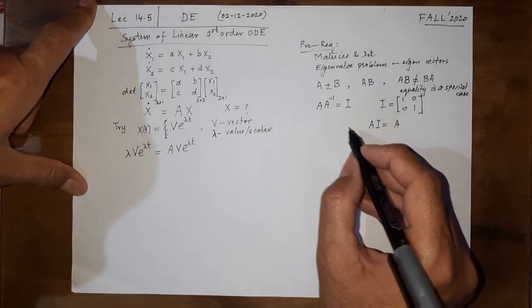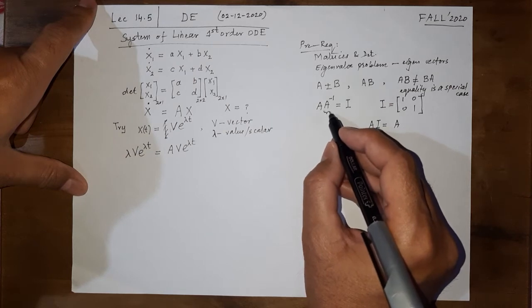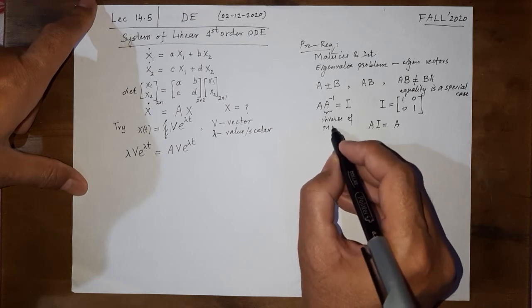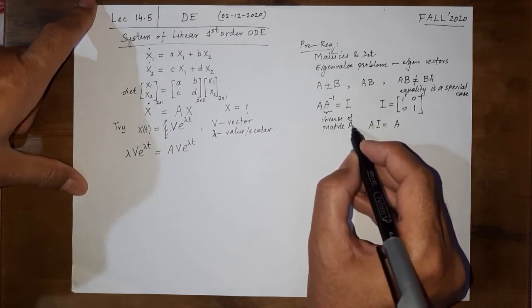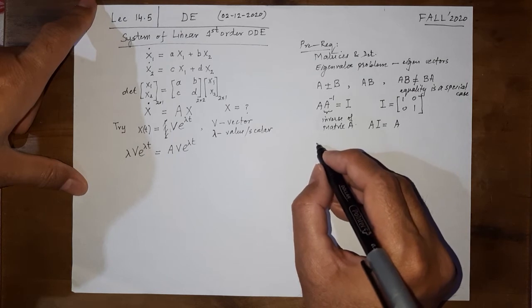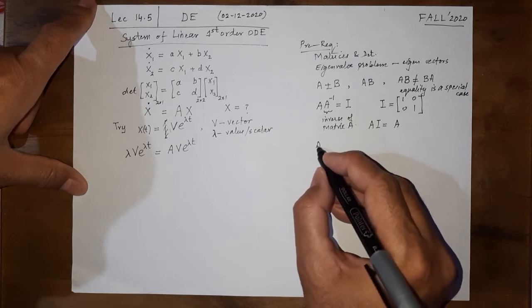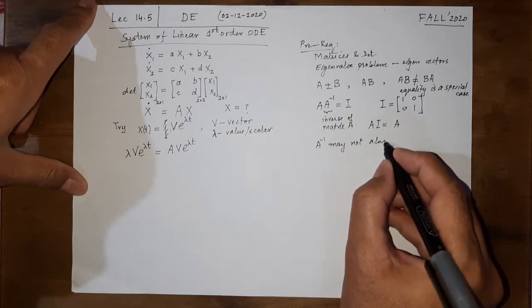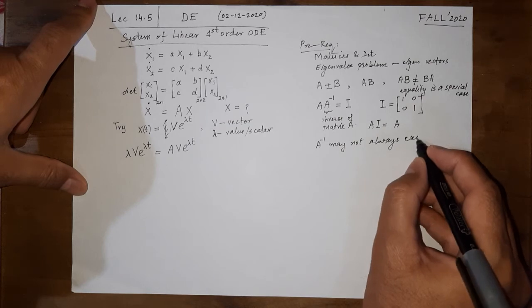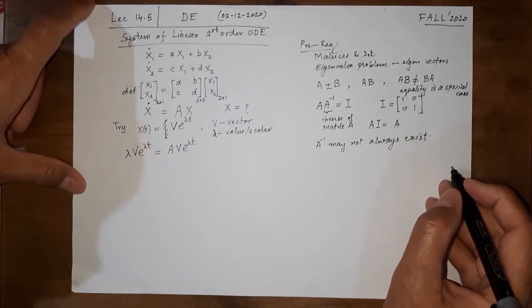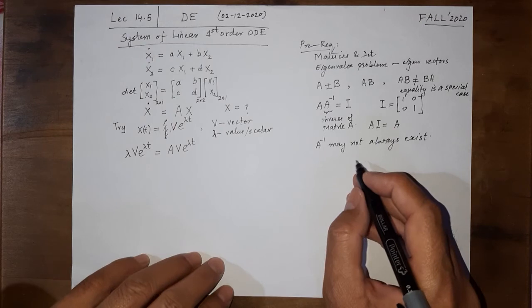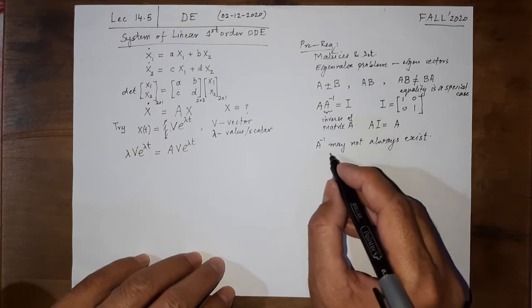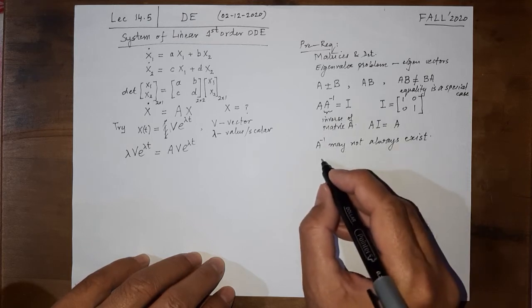So this is known as the inverse of matrix A, and an inverse may not always exist. A inverse may not always exist.